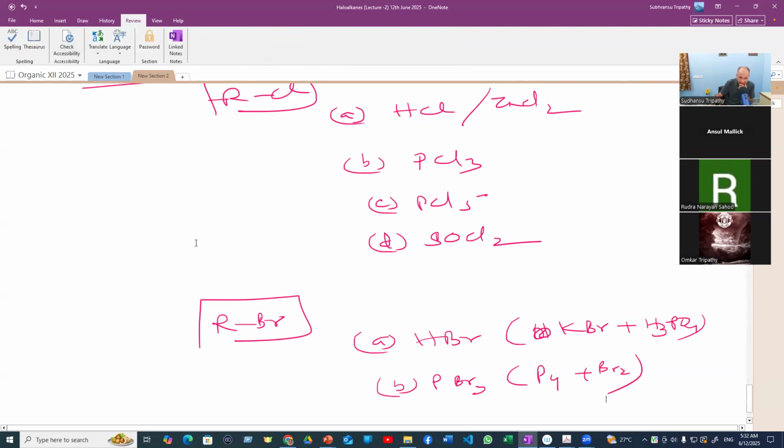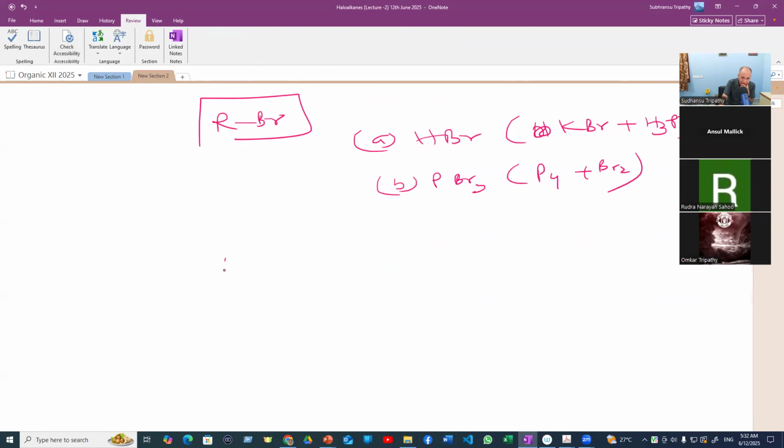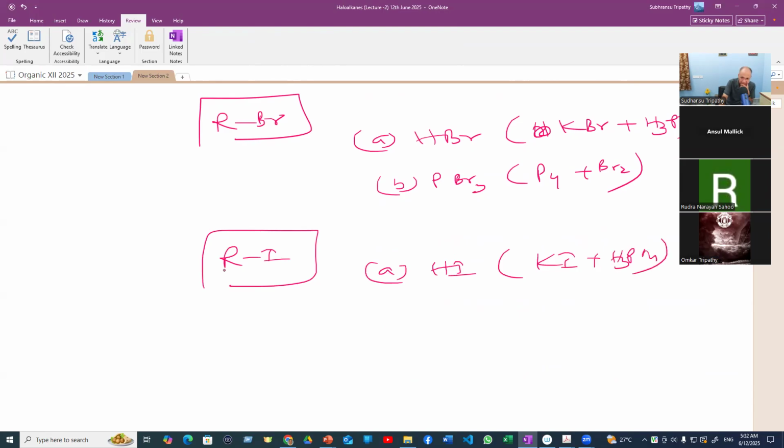And for iodide, you also have two choices from alcohol: HI, obtained from KI plus H3PO4, and PI3, which is obtained by adding phosphorus with iodine.